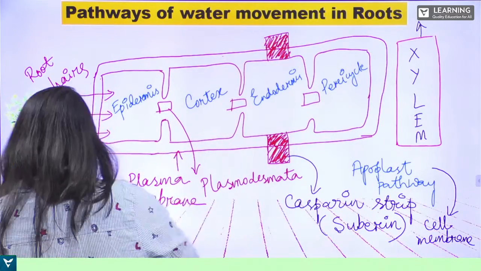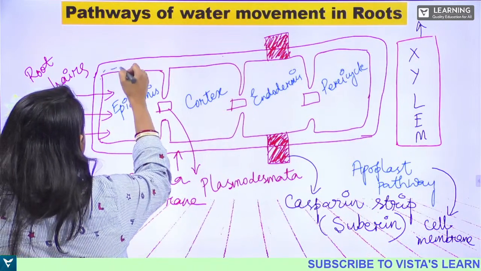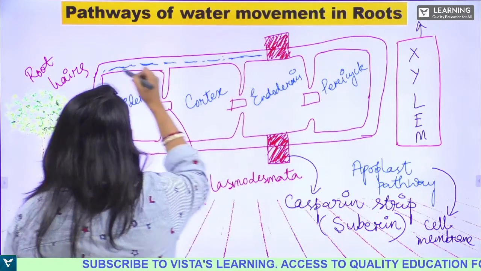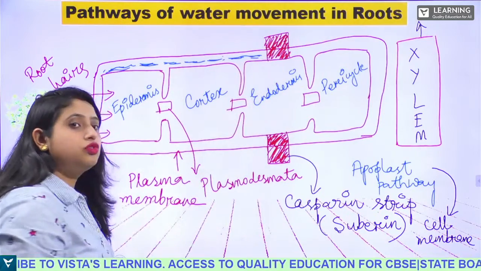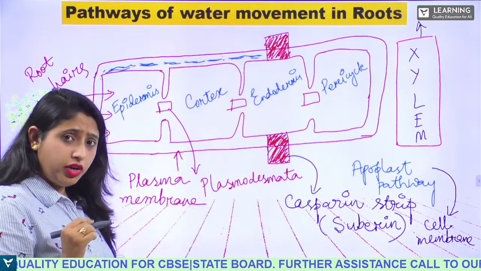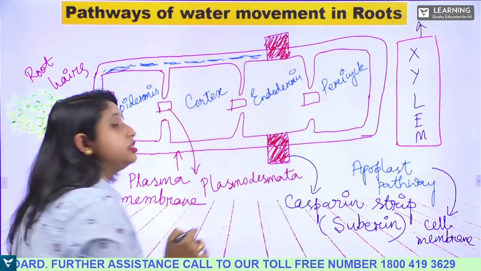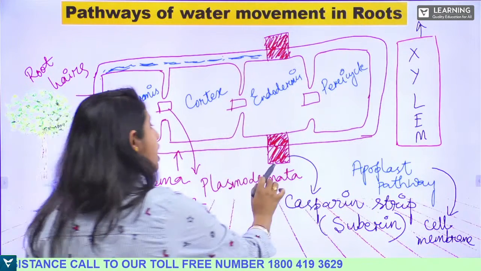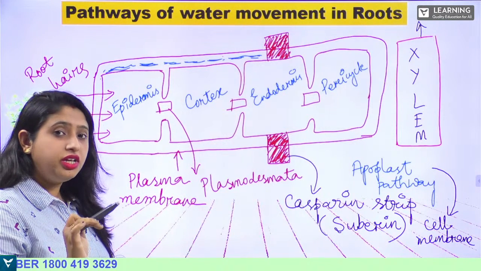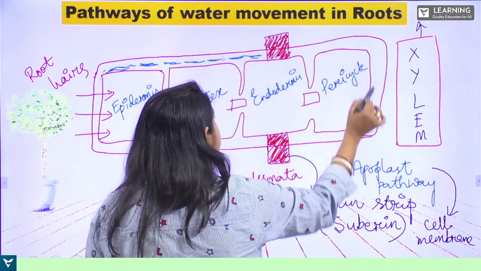But after going to the endodermis, they cannot cross it. Why? Because there is a Casparian strip, which is rich in suberin, and it will not allow the molecules to cross this barrier.